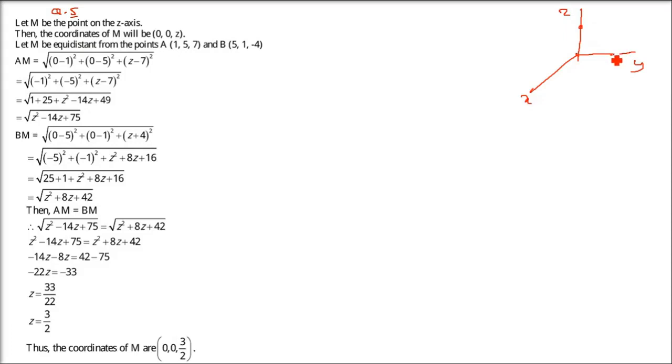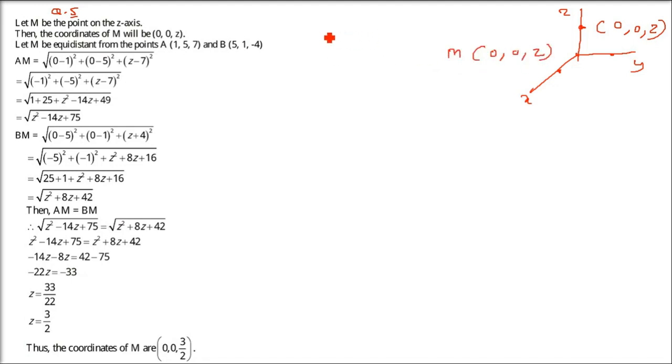On the z axis, x and y will be 0. On the x axis, y and z are 0. On the y axis, z and x will be 0. So the point is (0, 0, z). Assume it to be point M.